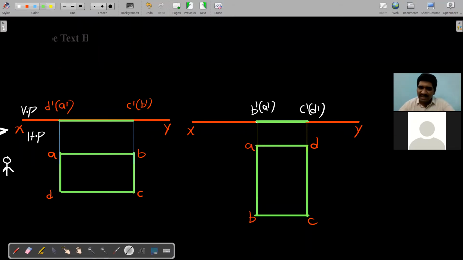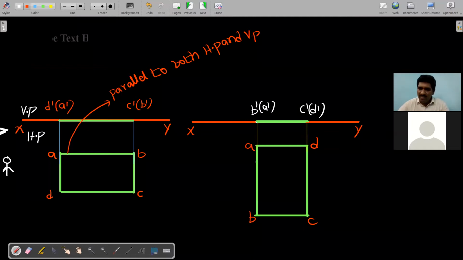So now tell me, in the examination, when you will draw this pentagon and when you will draw this pentagon, definitely I can say one point all of you that in this case, yes, in this case one of its longest side is parallel to both HP and VP.